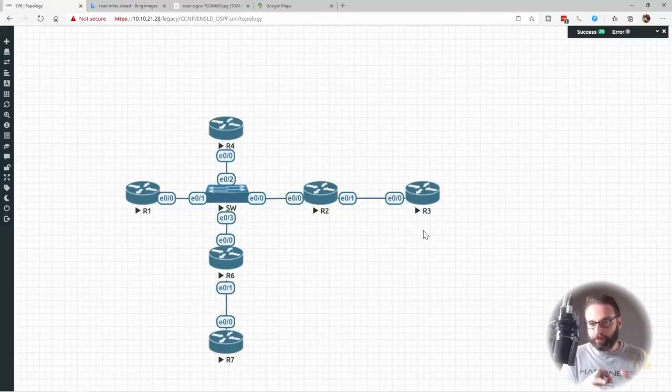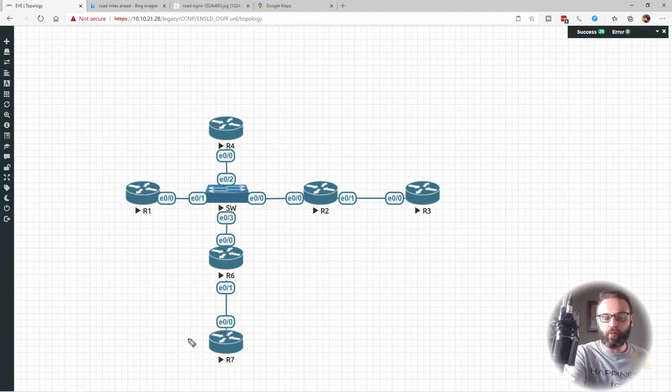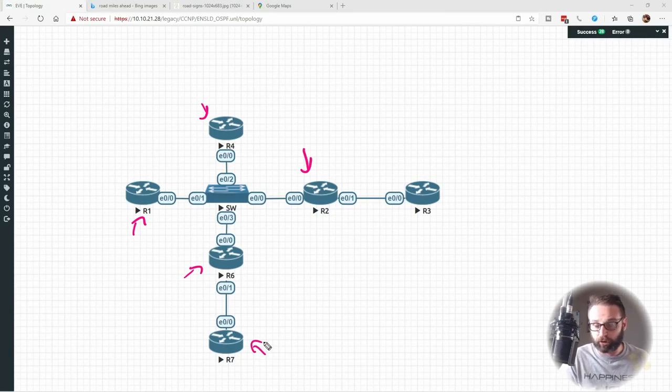Let's get going. So now it's time to talk about areas, which is the big design point when it comes to designing an OSPF network. The idea with areas is that we have all of these routers. Maybe here we've got 1, 2, 3, 4 routers, and then we've got this external router here. What happens if we had, let's say, more than 4 routers? Let's say we had 500 routers. Think about it again, how OSPF works and how those LSAs behave.